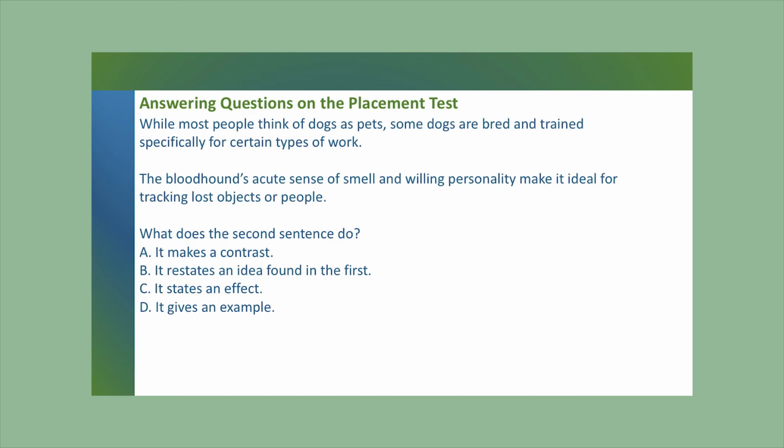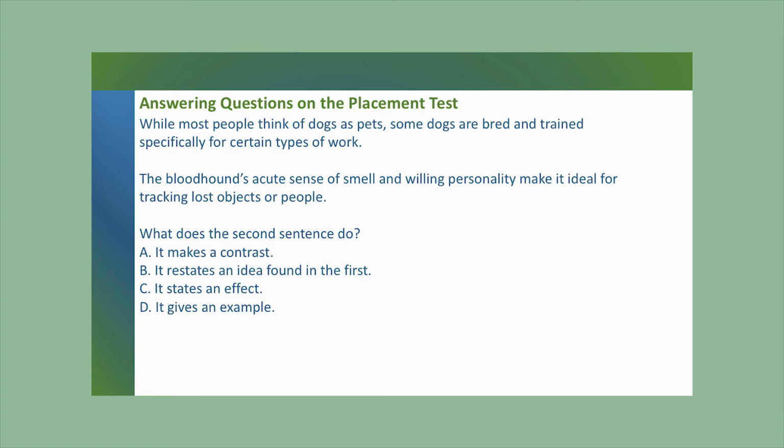It restates an idea found in the first. The first sentence is just about dogs being bred and trained specifically for tasks. The second sentence doesn't really restate anything that's found. It actually adds more to it, doesn't it?